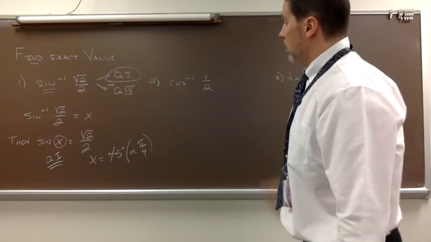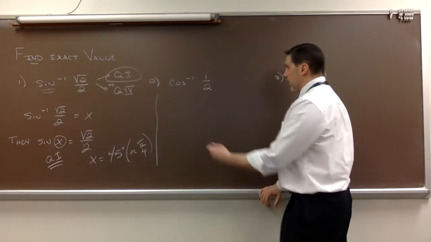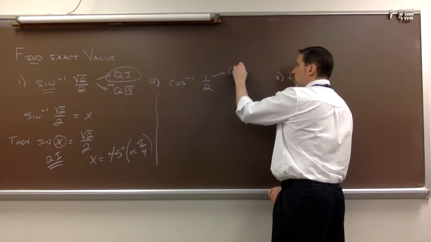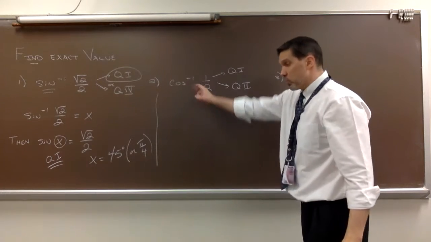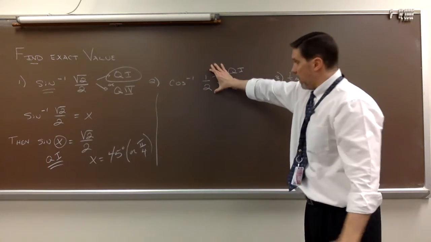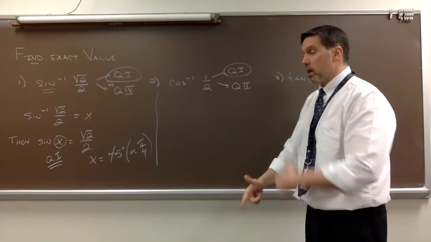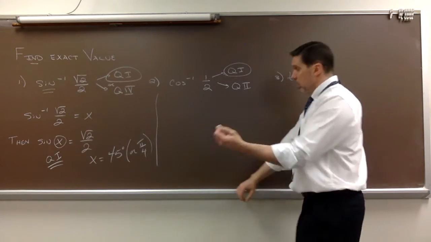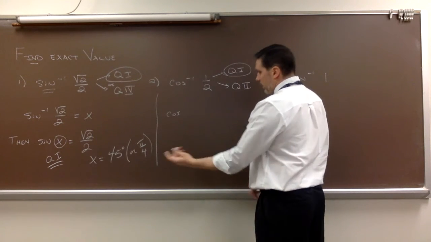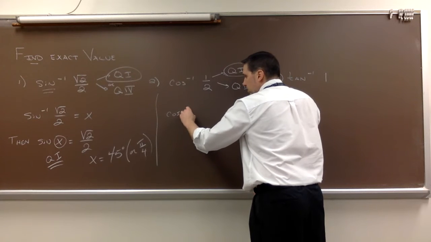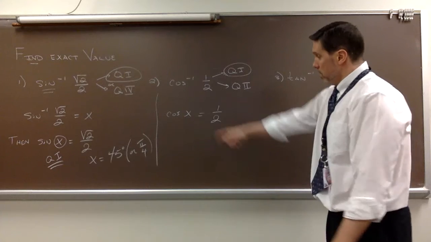Right. Now when we go to problem 2, say cosine inverse of 1/2. Again, we're either talking quadrant 1 or we're talking quadrant 2. For cosine inverse, quadrant 1 if the value is positive, which it is, or you go to quadrant 2 if it's negative, and you've got to work through a reference angle. So the idea is, if cosine inverse of 1/2 is equal to a number, then the cosine of that number will equal 1/2.